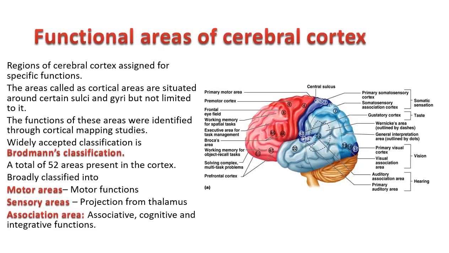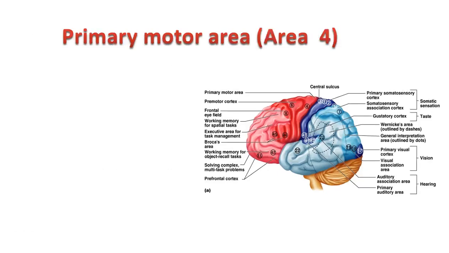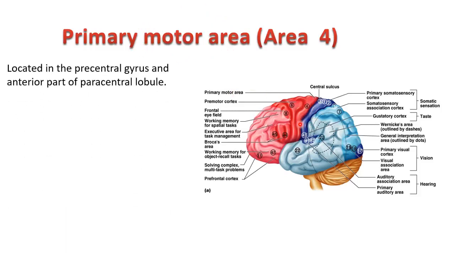Now let us pass on to each and every area. Very briefly, I will tell about the functional areas of the cerebral cortex. First, more importance is given to the primary motor area, or area number 4, which corresponds to the precentral gyrus.